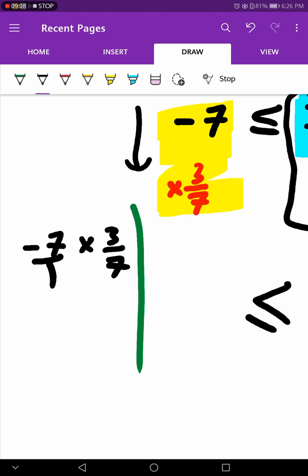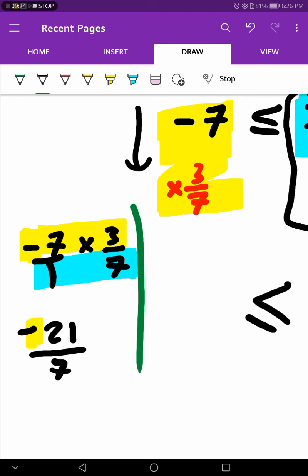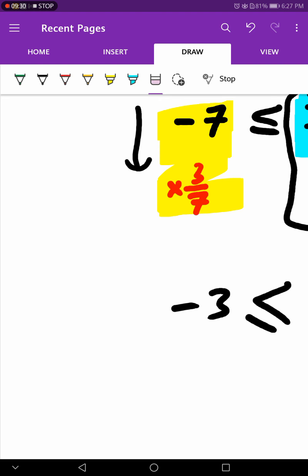Now 7 multiplied by 3 equals 21, and I have a negative sign here, which will come here. Up with up and down with down, which is over 7. 21 over 7 equals 3 and the negative sign. So this is negative 3, my boys.